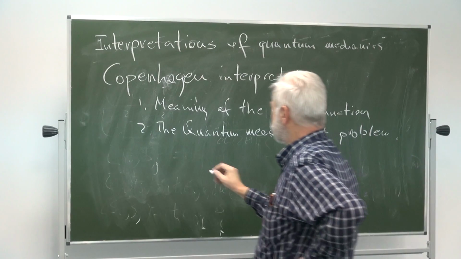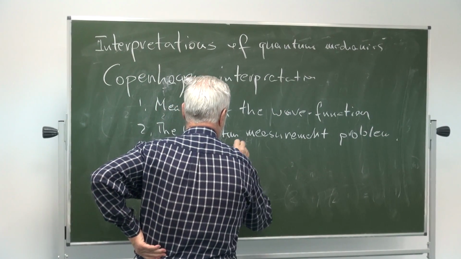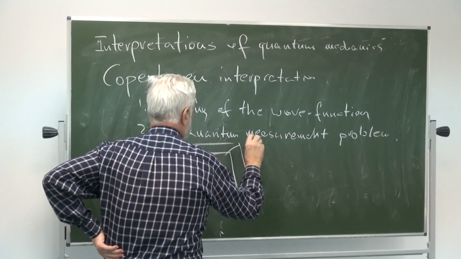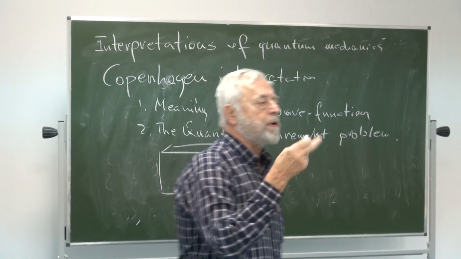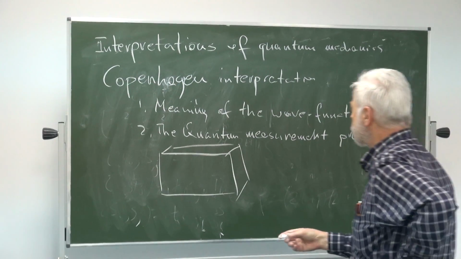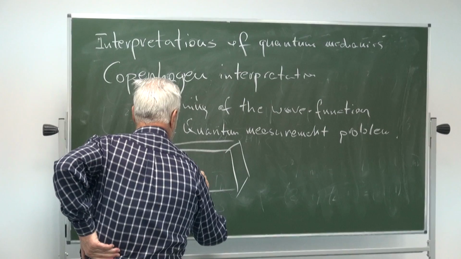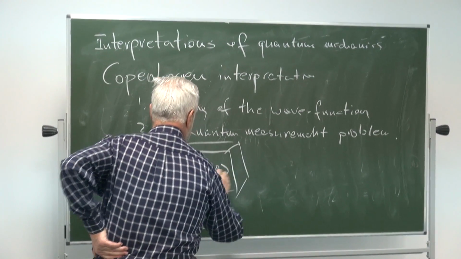Imagine that we've got a cavity where there are photons of some particular mode. And imagine that someone prepared a very particular state, the state of the vacuum plus 10 photon state.